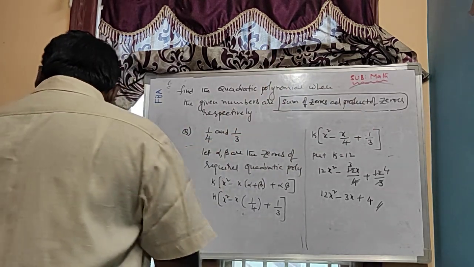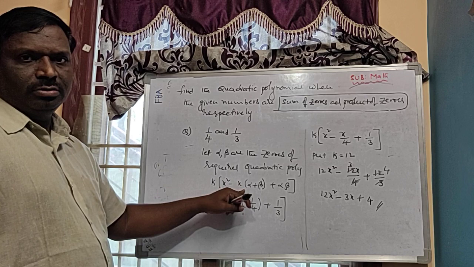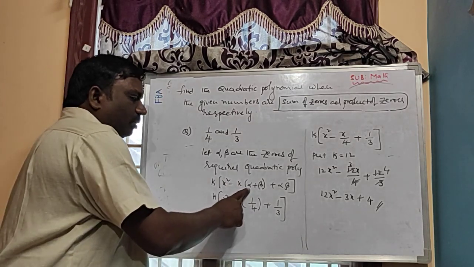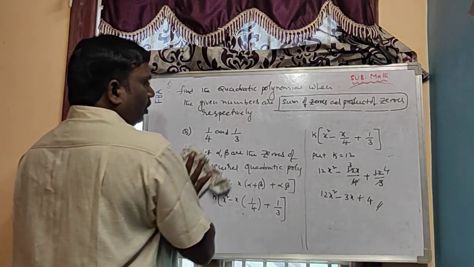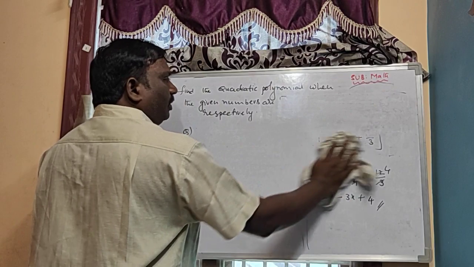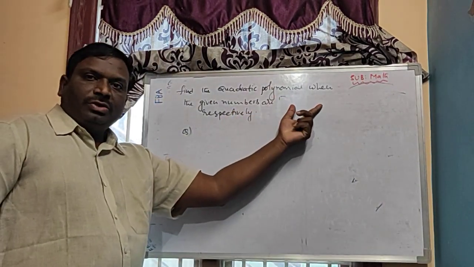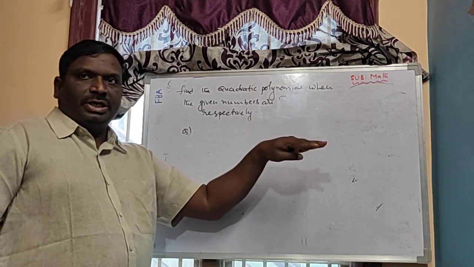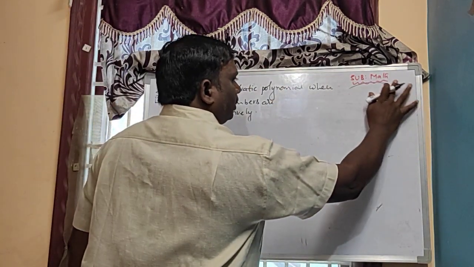The same formula we can apply, but we have to substitute the first value as alpha and the second value as beta. That is the second model question. Only the question will change. If you identify what they give, the sum and product of the zeros or only the zeros, definitely you will do the solution without any mistake.